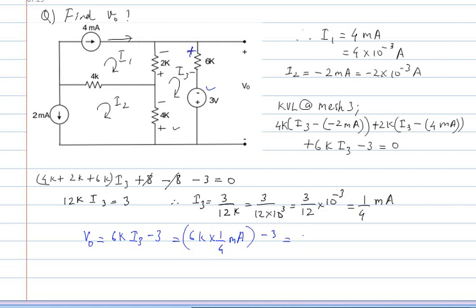So from here we can very clearly see kilo and milliamps will cancel out. 6 and 4 we can factorize and divide by 2, so this becomes 3 by 2 minus 3, which becomes 3 minus 6 by 2, which becomes minus 3 by 2 volt.